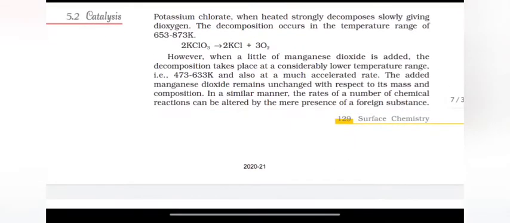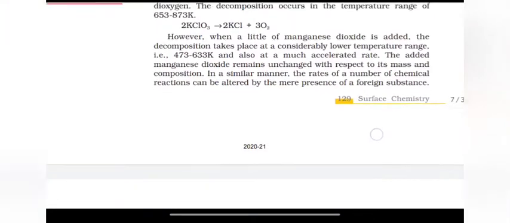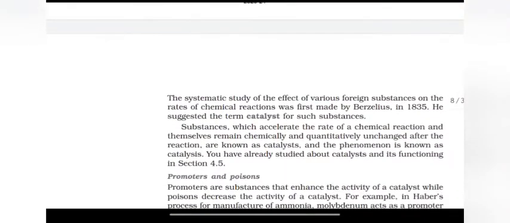However, when a little manganese dioxide is added, the decomposition takes place at a considerably lower temperature range, that is 473 to 633 Kelvin, and also at a much accelerated rate. The added manganese dioxide remains unchanged with respect to mass and composition. In a similar manner, the rates of a number of chemical reactions can be altered by mere presence of a foreign substance.